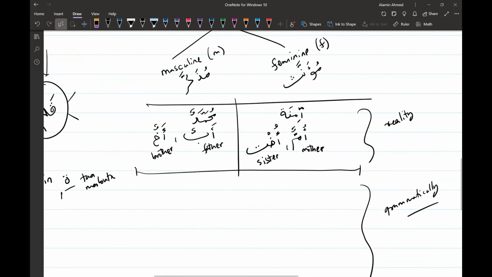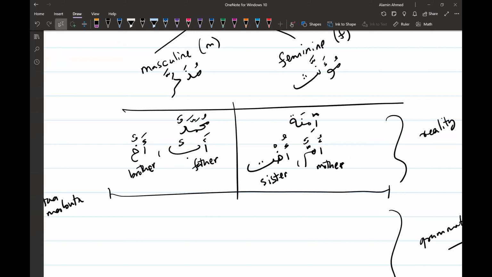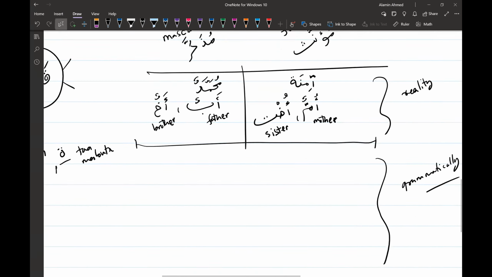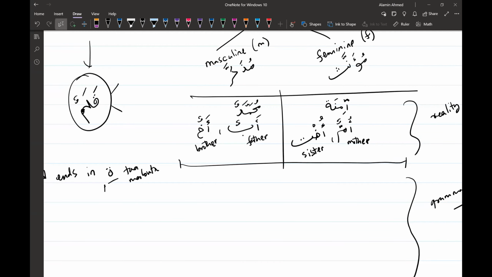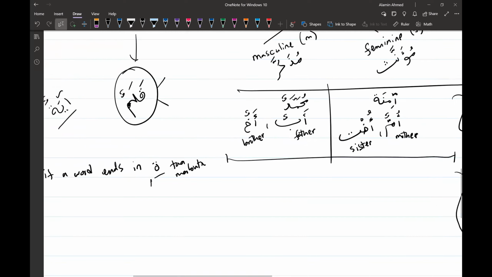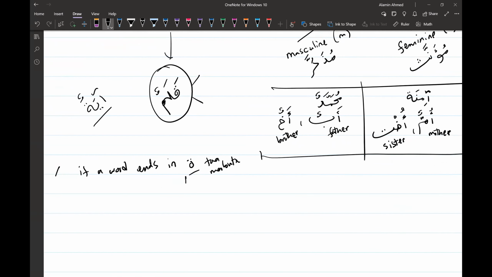Okay, so in reality we understand the female person is feminine and the male person is masculine. That's understood in all languages. But in the Arabic language, there are words that we treat grammatically as masculine or feminine. So the first one I'm giving you is what?